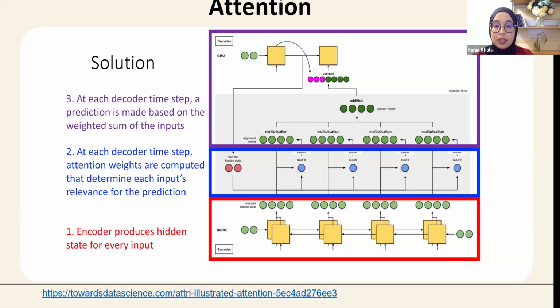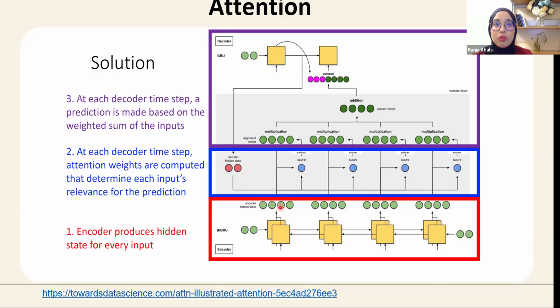The attention weights are now the second step. We're going to take this as input of the decoder, and at each time step we are going to evaluate how relevant each input word is to the current output.